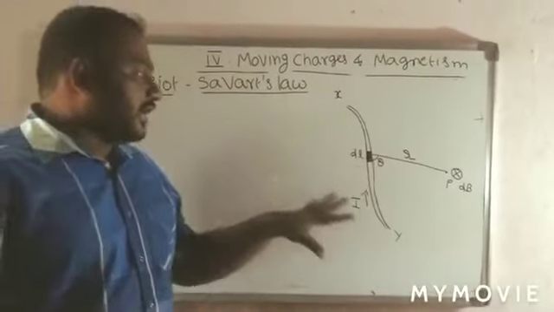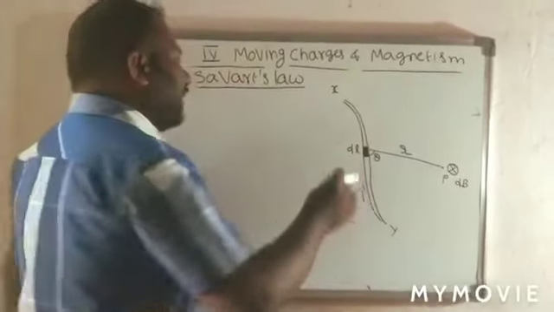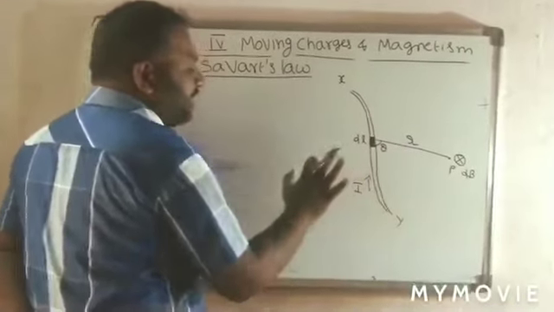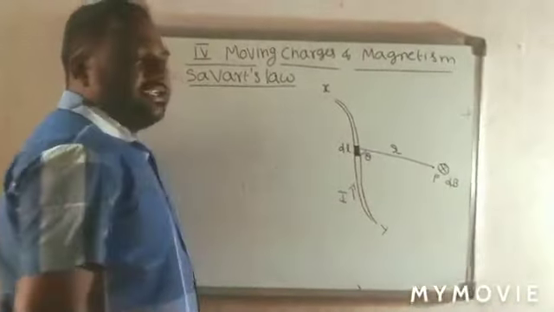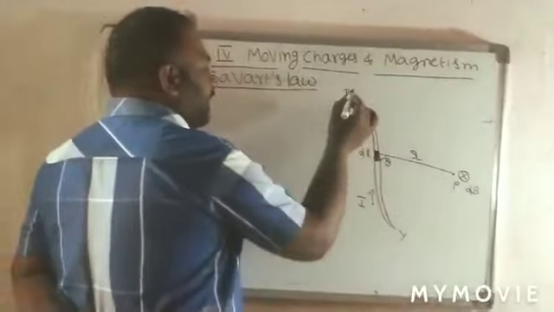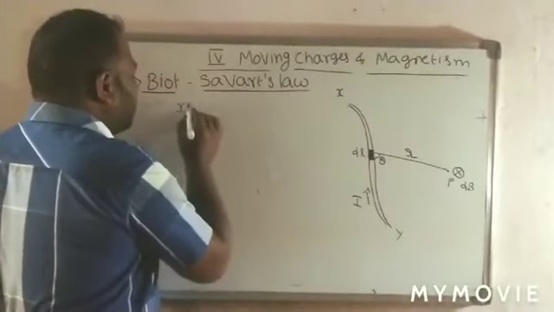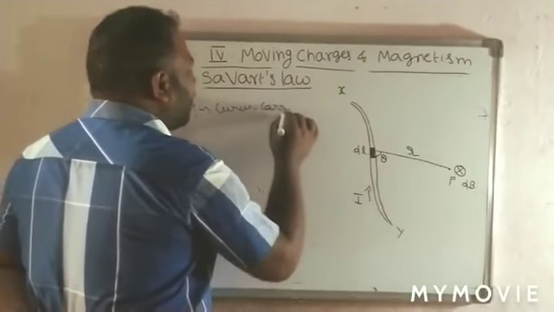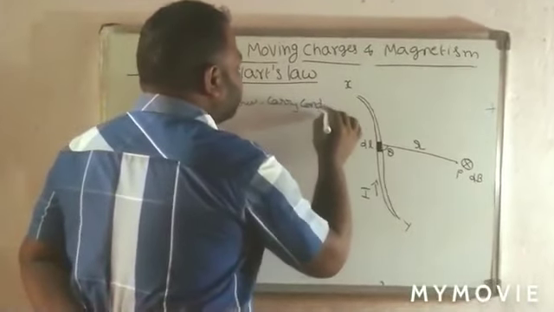First, I am going to consider some terms here. Here I consider a current carrying conductor. It does not have any particular shape. We can take any shape here. XY is a current carrying conductor.